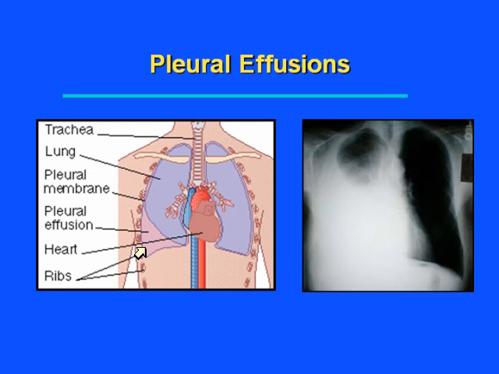So you can see that the lung is slightly pushed away from the chest wall. And what we talked about is, in its most basic sense, if you're percussing here where the arrow is, or listening here, you would have dullness to percussion and diminished breath sounds because the breath sounds aren't well transmitted.